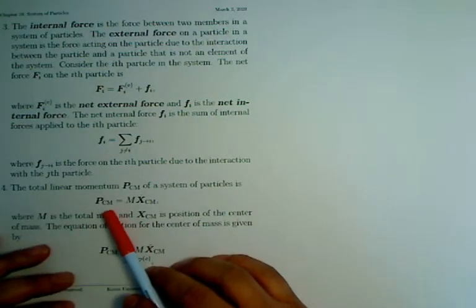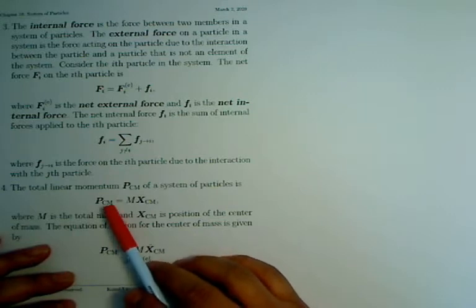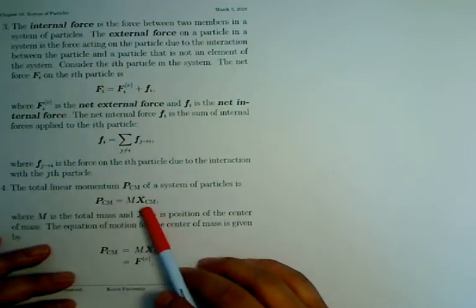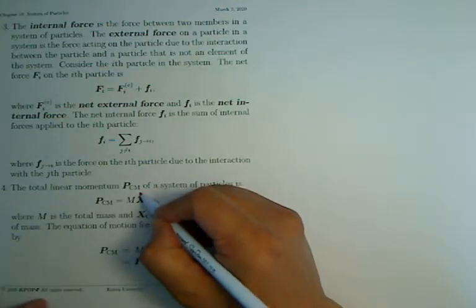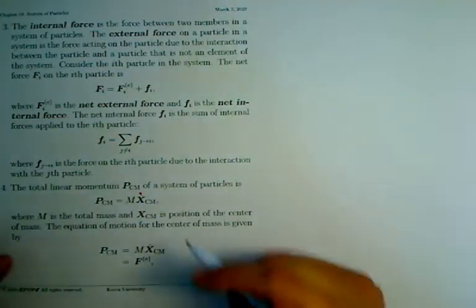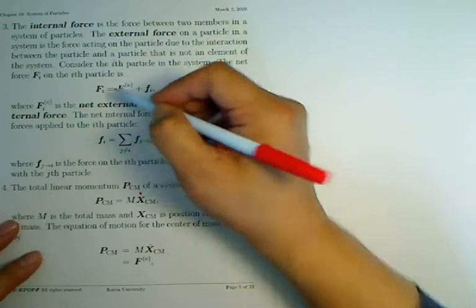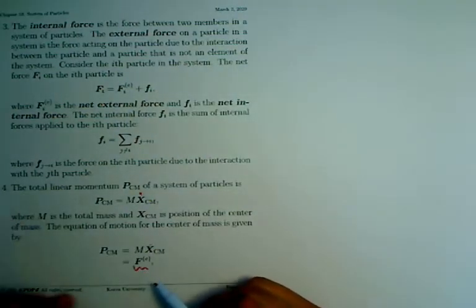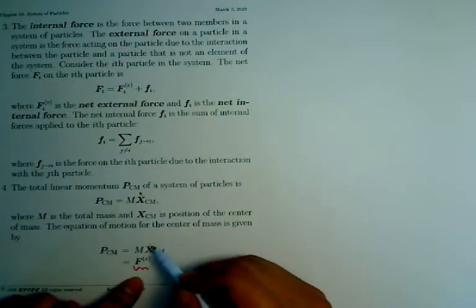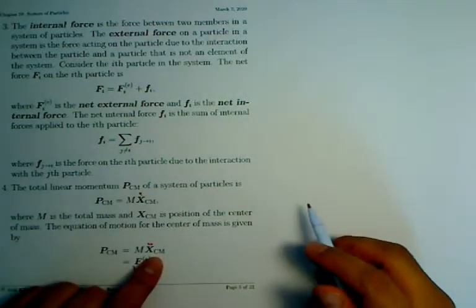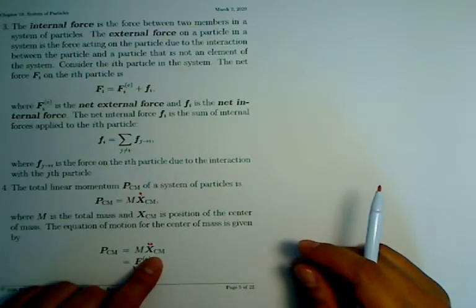Center of mass momentum: the total linear momentum is just the total mass times the velocity of the center of mass. And all of the external forces can be summed to find the net external force, which applies to the acceleration of the center of mass.